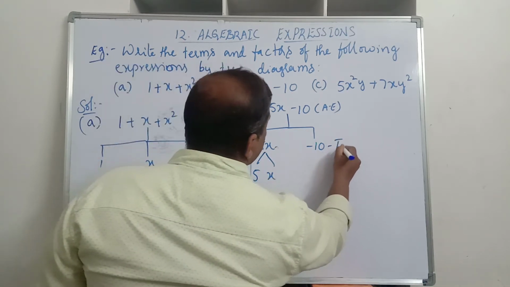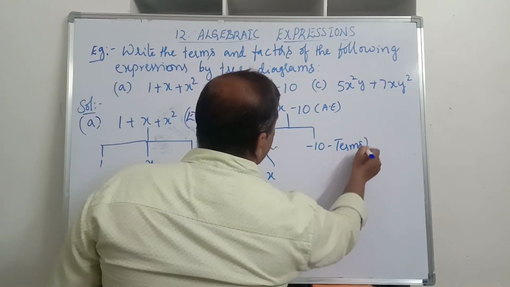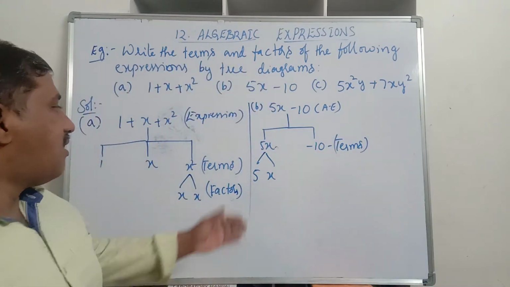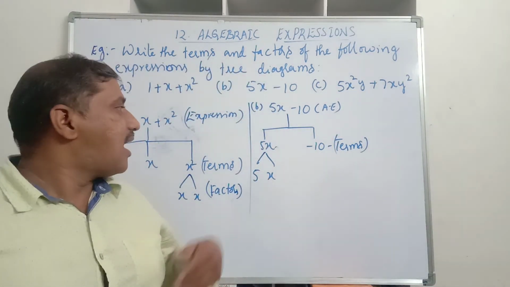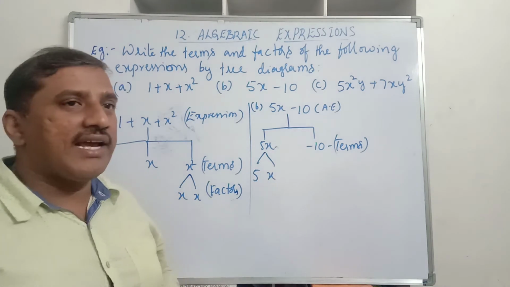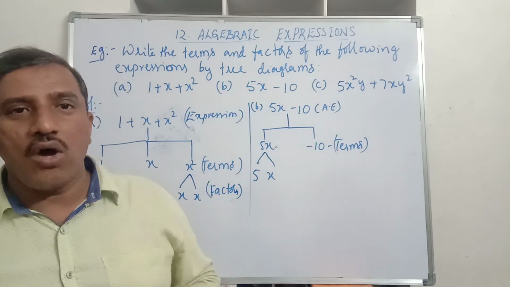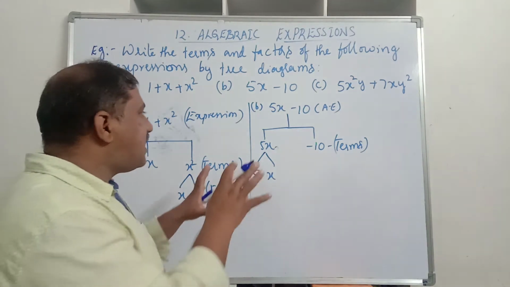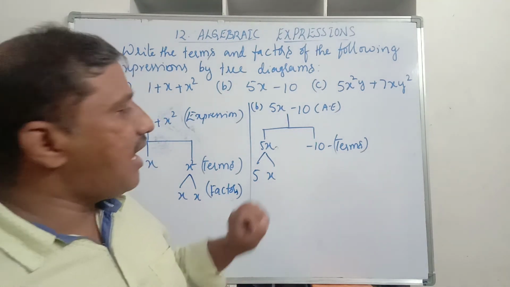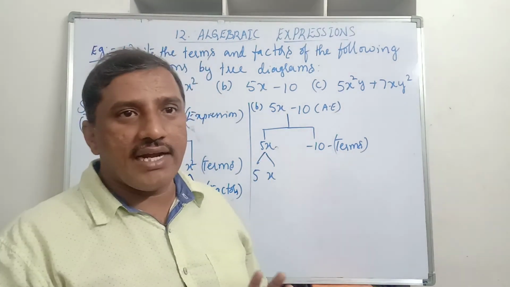Now these are called the terms. For 10, 1 into 10 we can write, 2 into 5 also we can write. But for constants we will take them as they are, instead of writing the factors.